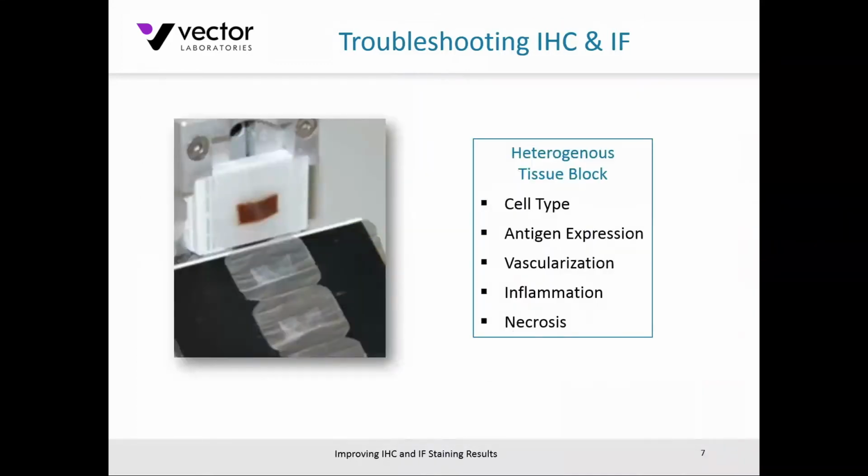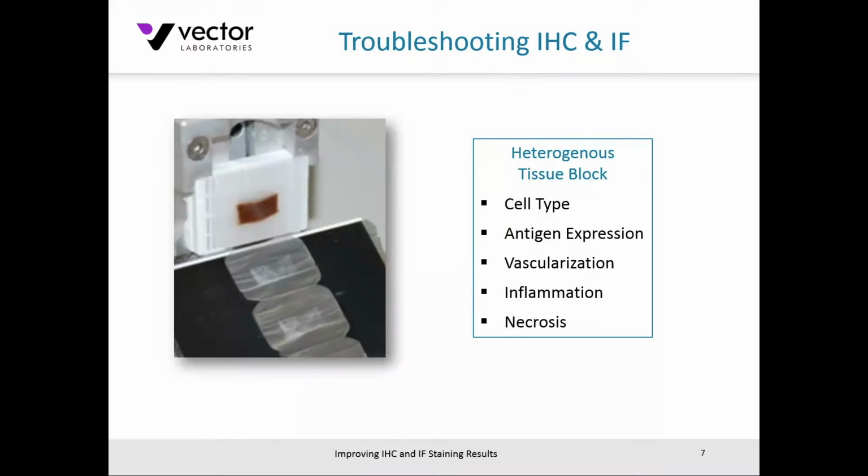But let me just digress here for a moment. Sometimes on technical service, in talking with investigators, they might be saying, I've had some great staining the last couple of weeks. It's been very clean and I haven't experienced any background problems. But this week, I've got background and I'm not sure what I've done wrong.